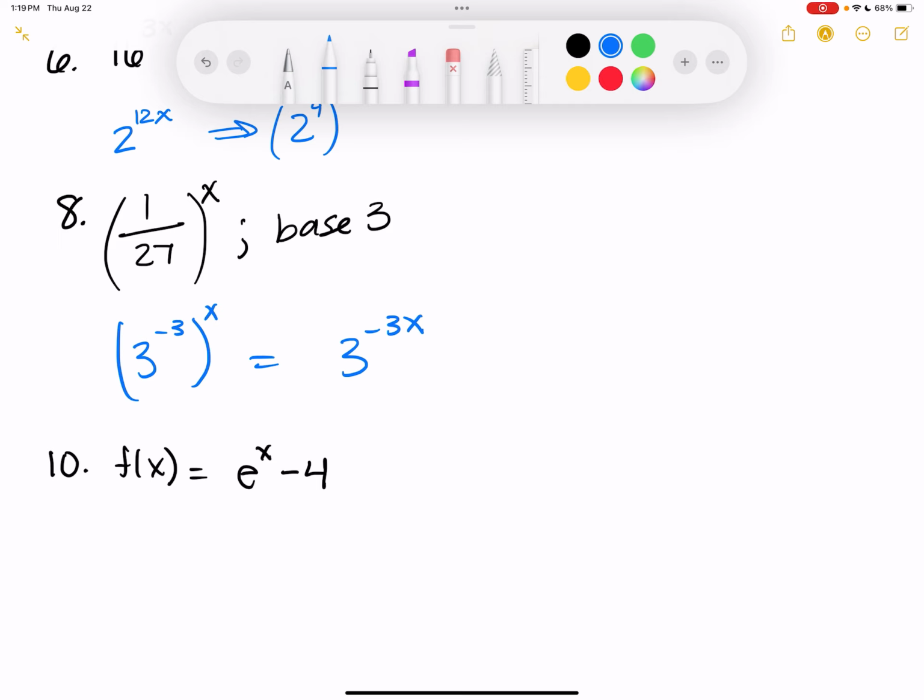Does it go to the left of the y-axis? It's left if you're following the graph. And it's of the x. Okay. So x equals 1.39. I'm so glad we got the same.